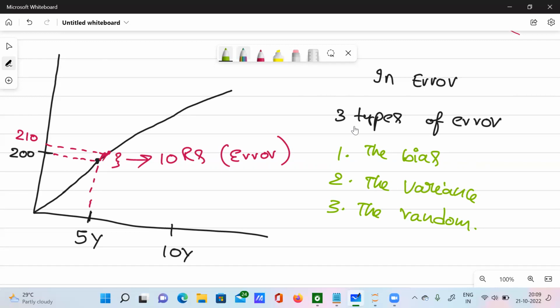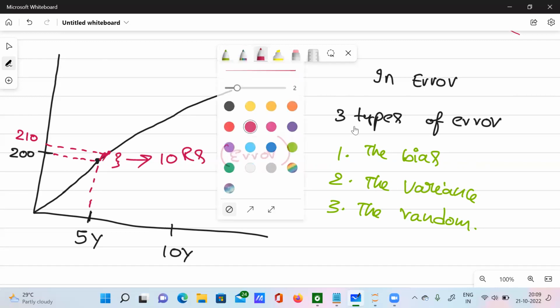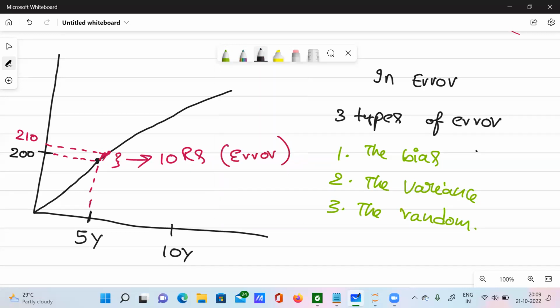Now, if you look here, we only have control over these two kinds of errors. We don't have any kind of control over the random error.